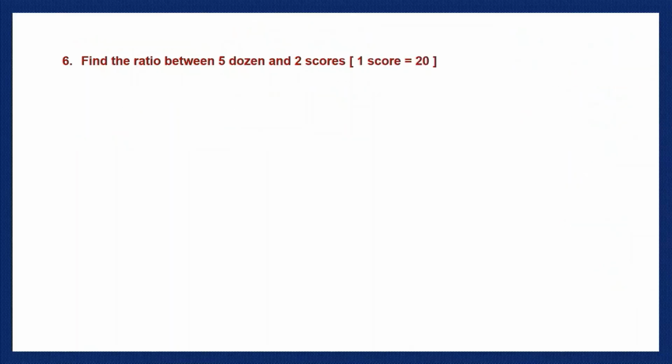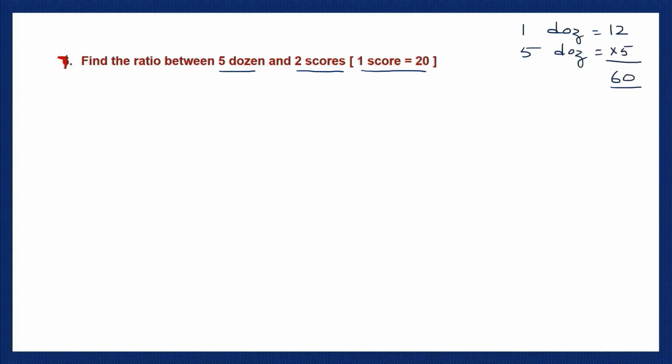Question 7. Find the ratio between 5 dozen and 2 scores. Here there is a hint given, 1 score is 20. So 5 dozen and 2 scores, let's get them to the same unit. 5 dozen means, now 1 dozen is 12 units. So 5 dozens will be 12 into 5, which is 60 units.